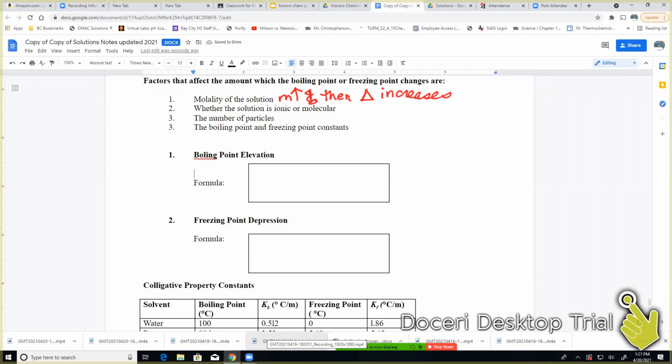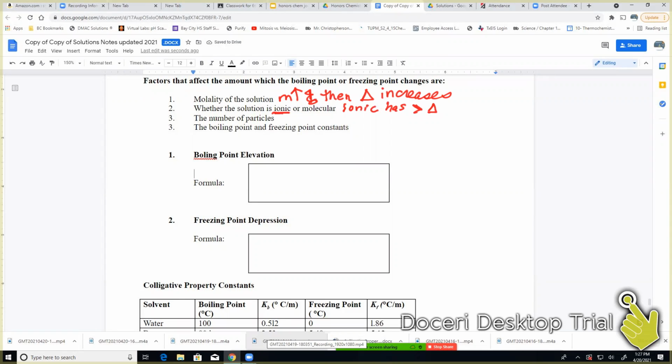So in other words, if I have a higher molal solution, then it's more concentrated, there are more particles, and so I'm going to see a bigger elevation in the boiling point or a larger drop in the freezing point. Whether the solution is ionic or molecular, we already know that ionic gives us more particles. So ionic has a greater change.